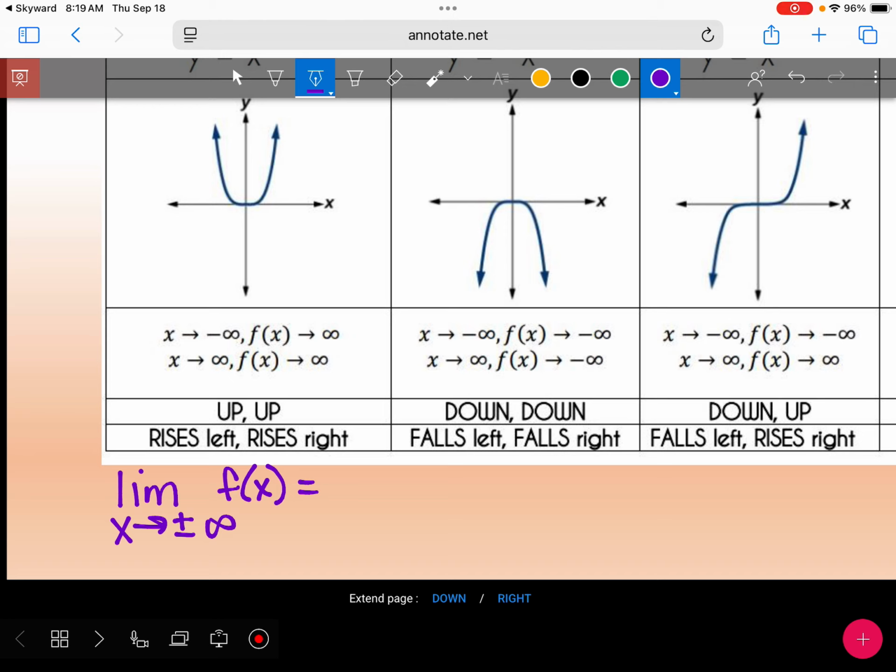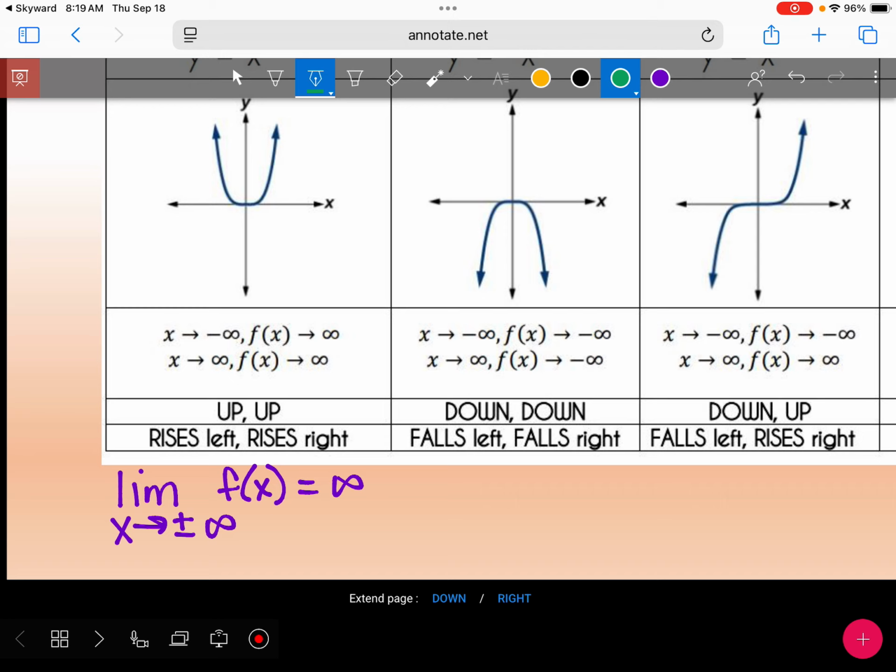I don't have to differentiate between the right and the left for an even degree. So if it's even and positive, then the left and right will approach positive infinity. So that's how you would write a limit for an even positive function.